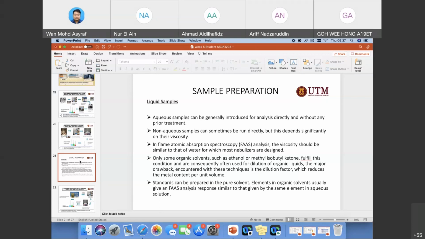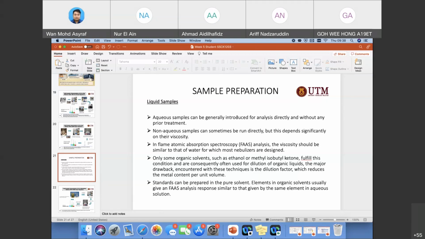Alright, so liquid samples, aqueous samples can generally be introduced for analysis directly without any prior treatment. If the liquid sample has no solid suspension, you can just straight away do the analysis.